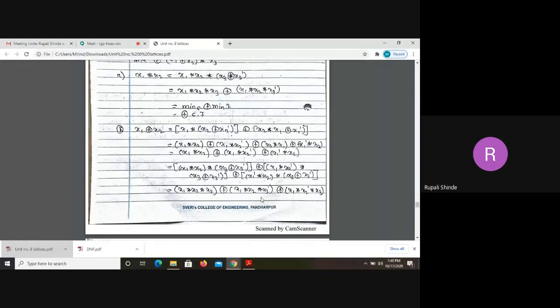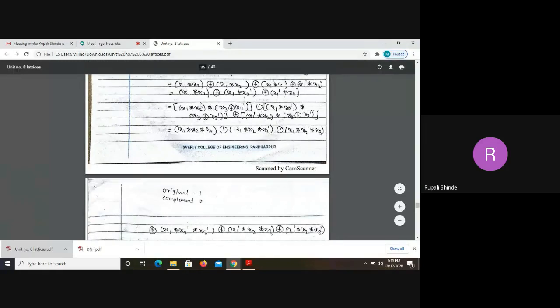So again we have to apply distributive law. So first term will be x1 star x2 star x3, that is written over here, XOR x1 star x2 star x3 complement, that is written here. XOR operation, again x1 star x2 complement star x3, that is third term, that is written here. Again XOR operation.